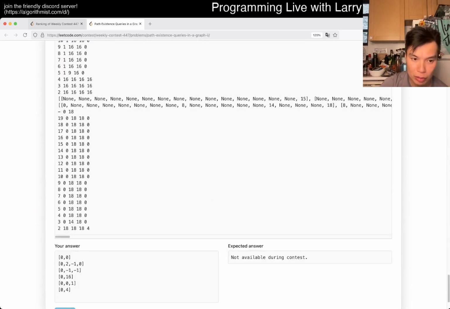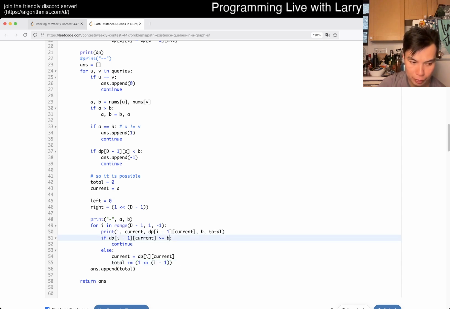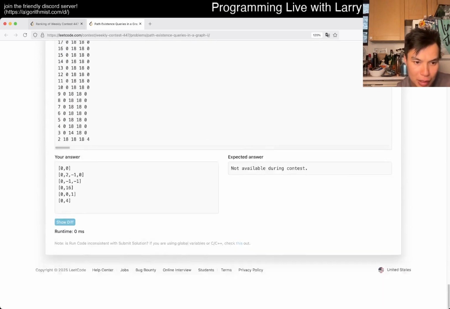So then now, okay, if it's equal to, it's on the left side. But what does it mean for it to be on the right side? So this is saying it can only go from 0 to 14 and this doesn't make sense. I think I'm just off by something.